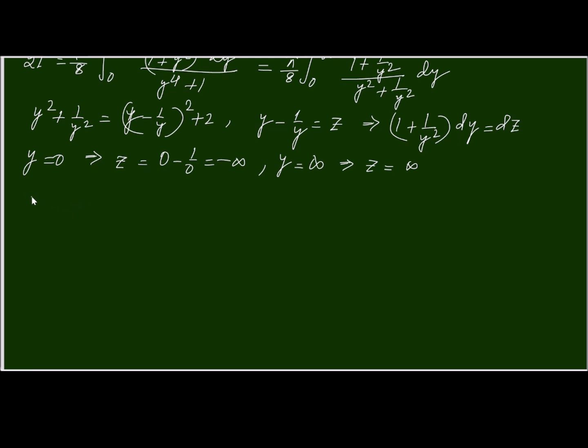Twice I equals pi by 8, negative infinity to positive infinity, dz over z square plus 2.